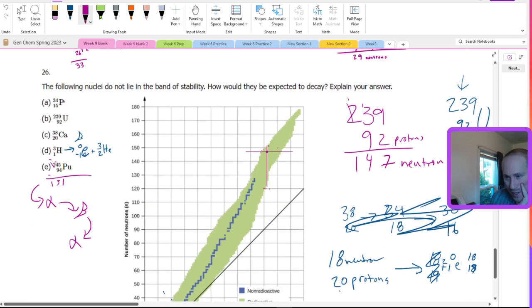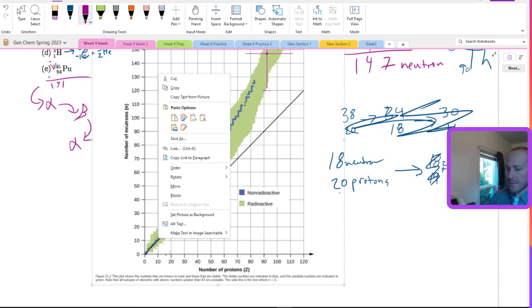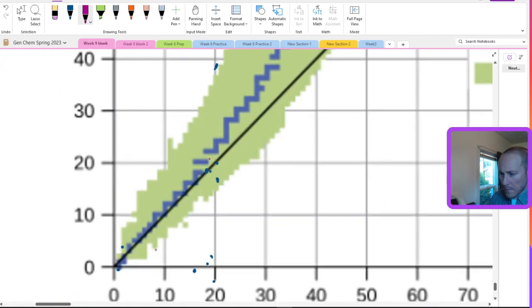So once again, phosphorus 34 must have 15 plus 4, so yeah, 19 neutrons. 15 protons and 19 neutrons.